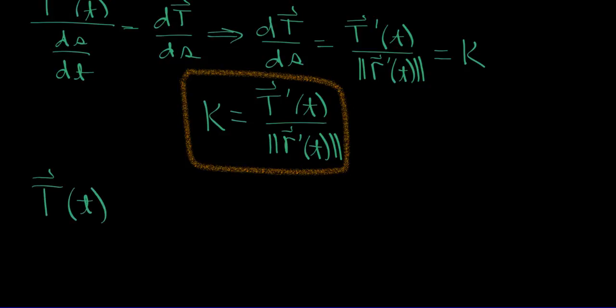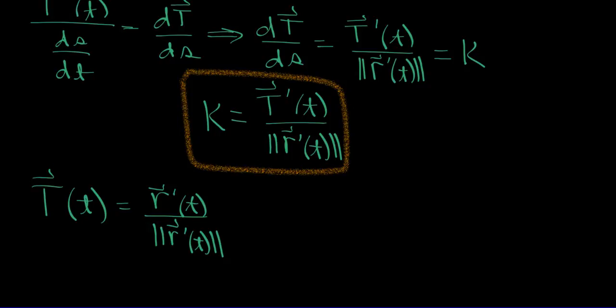Let's think about this thing. I'm going to get us a formula that maybe we can deal with a little more easily than even that one. We know that this one right here is r prime of t over the magnitude of r prime of t, right? That's, by definition, the unit tangent vector. That's what that is.